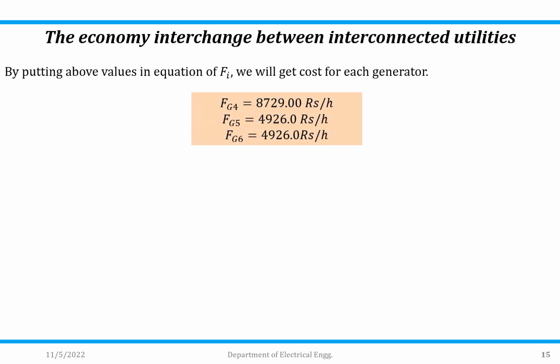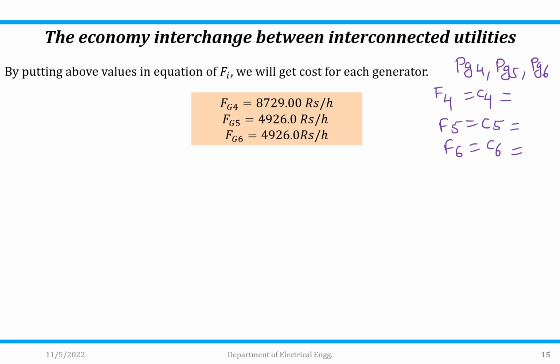Now by putting the values of PG4, PG5 and PG6 in the cost equations, F4 or C4, F5 or C5, F6 or C6, which are given in the data. For generator 4, for example, it is 0.002641 PG4 square plus 13.41 PG4 plus 950.